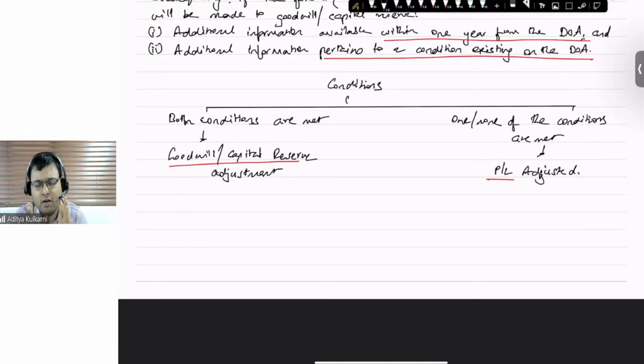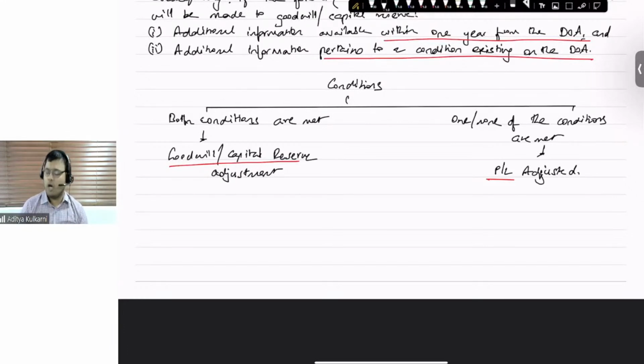Leaving contingent aside, the fair valuation of a liability we've already seen in terms of Ind AS 113: a liability which could be an asset for the corresponding entity, or may not yet be an asset for it. How you would do the fair valuation, that is how you will calculate. I gave you one example of weighted average and discounting to present value. Multiple ways are also there to calculate.